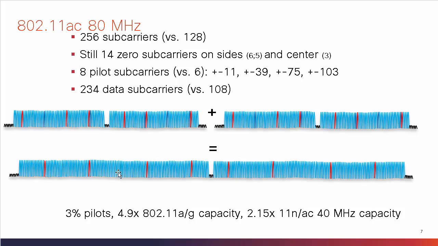Therefore, if there are some narrowband interferences in the neighborhood, I may not be able to understand what the interference figure is, what the noise figure is in this frequency range, simply because there is no pilot to tell me. Same goes here and same goes there. So you see, every time we increase the size of the channel, we also decrease the number of pilots, and as a consequence, we also decrease our ability to know the noise figure.